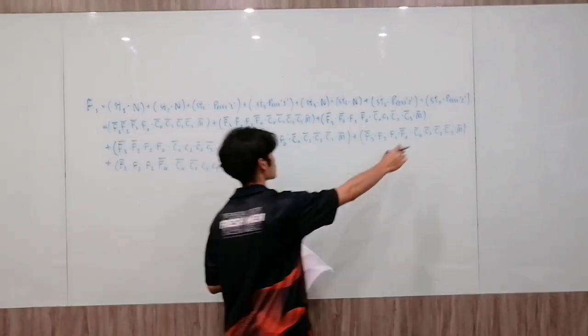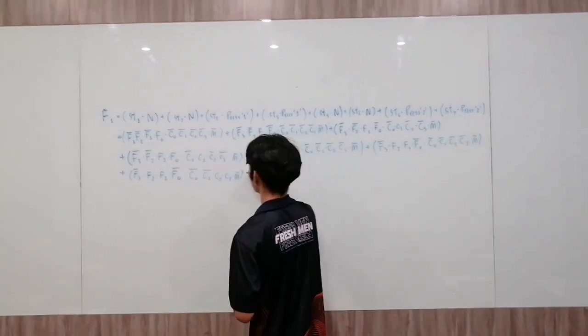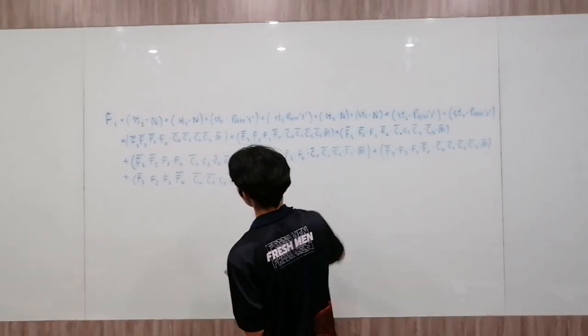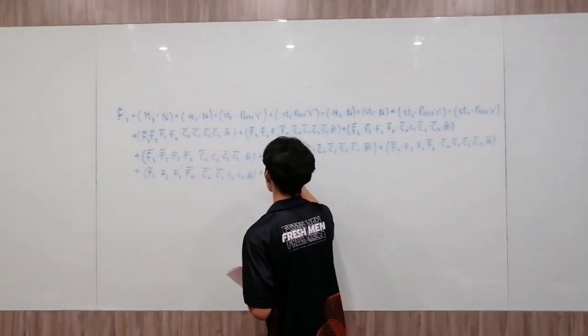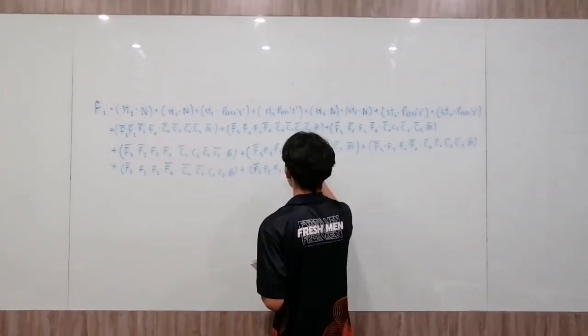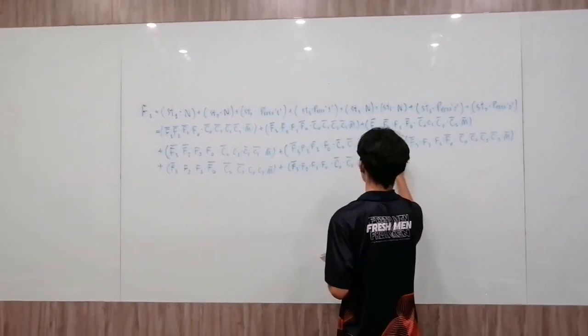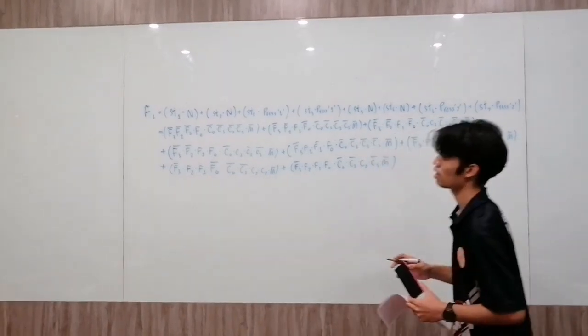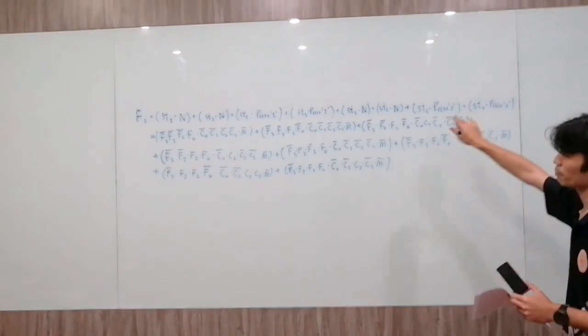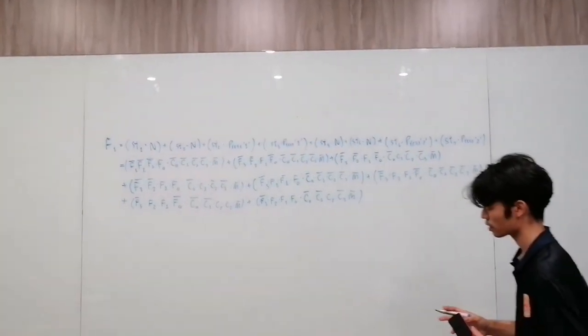And the last one is state 7 and with press 2. This is all of the flip-flop number 1 equation.